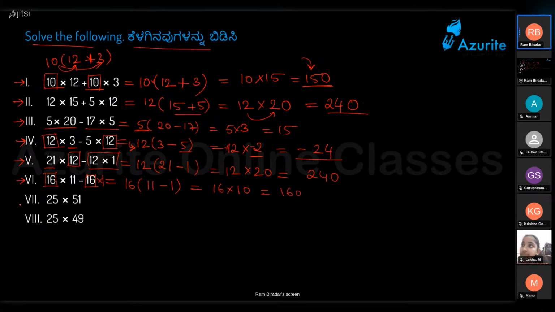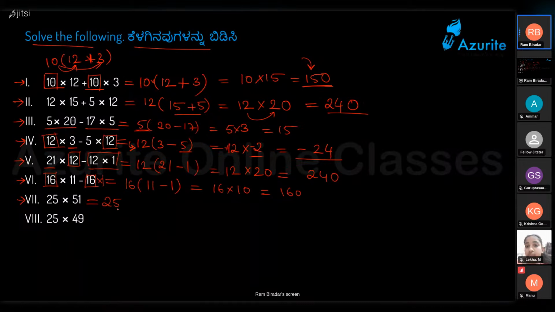Next, roll number 9. Yes, sir. So we have to distribute it and do it. Okay, so how do you do this, beta? I will explain. Okay, listen here.